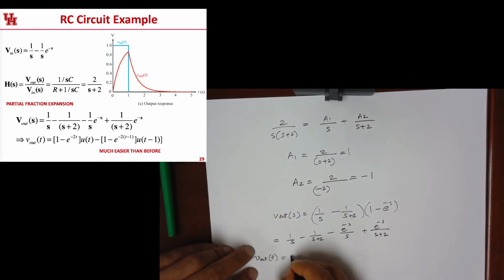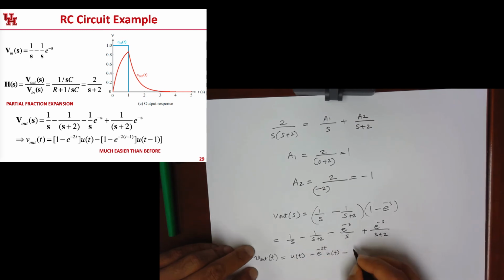So 1 over S is going to be just u(t). This is going to be e to the minus 2t u(t). Minus, there's a delay here, right? So I'm going to just take u(t) and delay that by 1, so this is going to give me u(t minus 1). Plus, this is going to be a delay of a frequency shifted version.